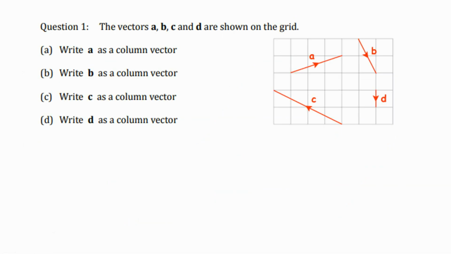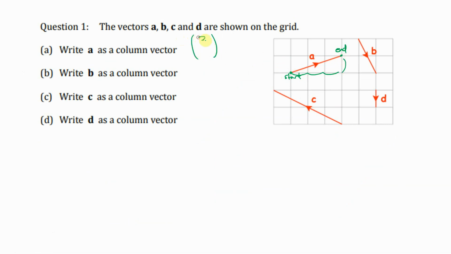So we could be asked to do some stuff like this, writing these as a column vector. Well, we're going this way to the right, so we're going to start here and we're going to end there. How many across to the right are we going? 1, 2, 3, and then 1 up. So that would be 3 right and 1 up.